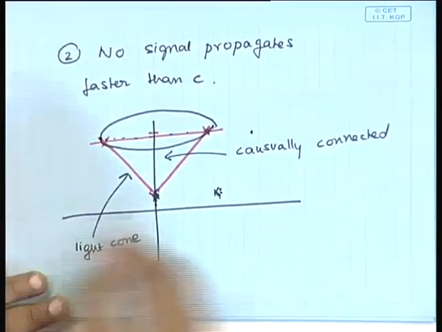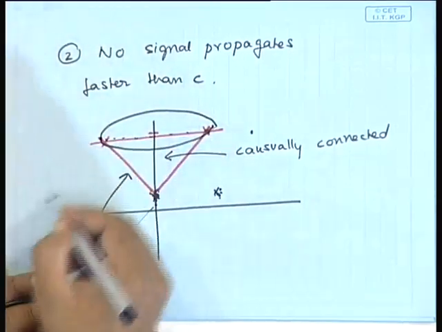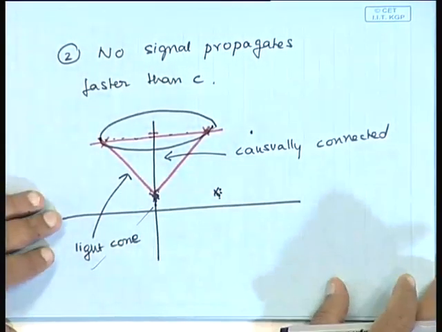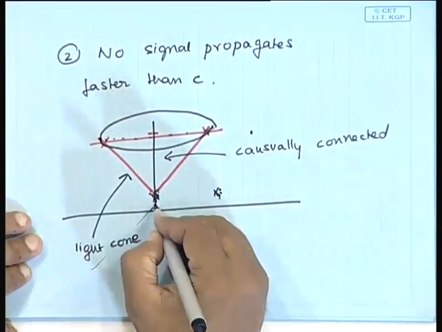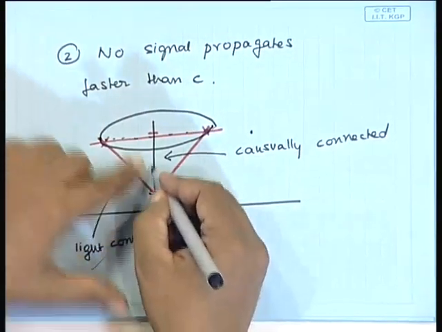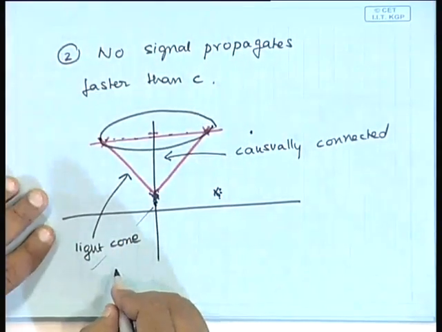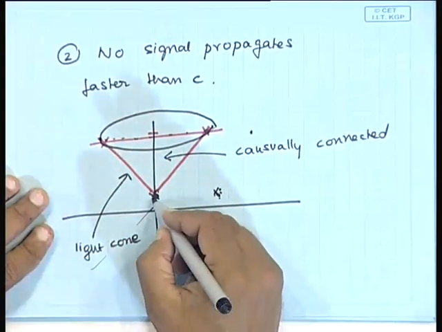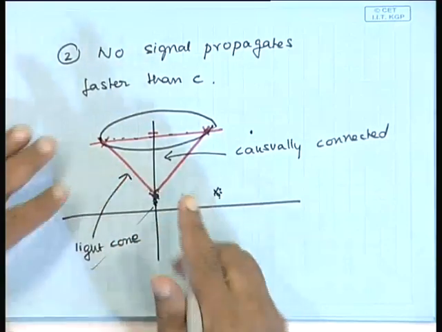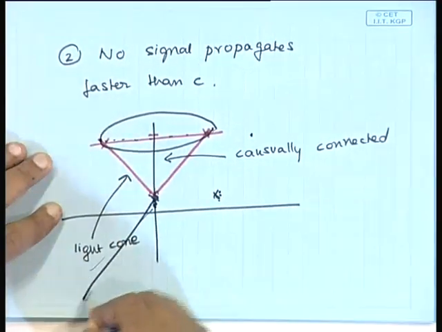Right? If you think of the y axis in this direction, it will be a cone like this. Z axis is hard to imagine simultaneously. Okay, and any signal that you send out, that comes out from this point, will propagate inside this light cone. Similarly, if I ask the question, what are the events in the past that could have influenced this? That will be the past light cone.